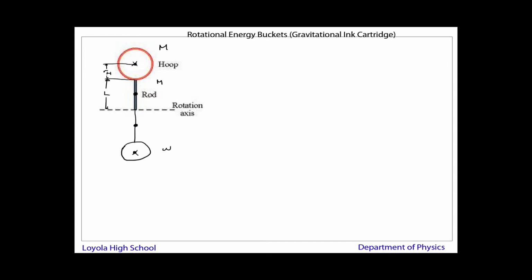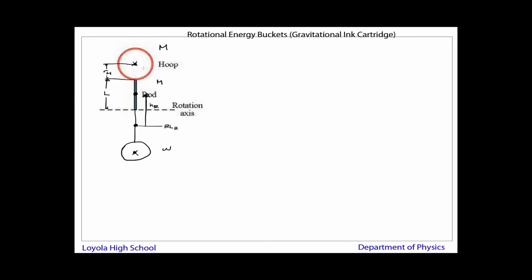Okay, so if I were to consider the rod by itself, I would say that its reference line is right there. It has a height here. Call it height of the rod. So from its reference line to its center of mass, that's how far it's going to fall. This is the rod.